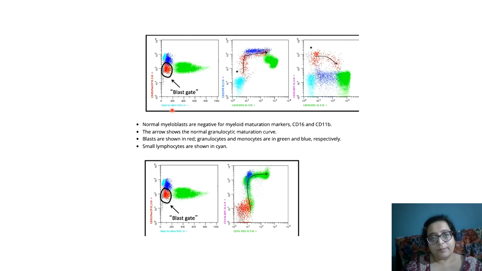So again, blast gate, the red population, and then again we look for maturity. These graphs just show you the maturity pattern. So how I remember it is, supposing you get a scatter plot and you know that this is my blast and this is what I want to study. You put another set of markers in the next plot. Remember something, draw an imaginary line like this.